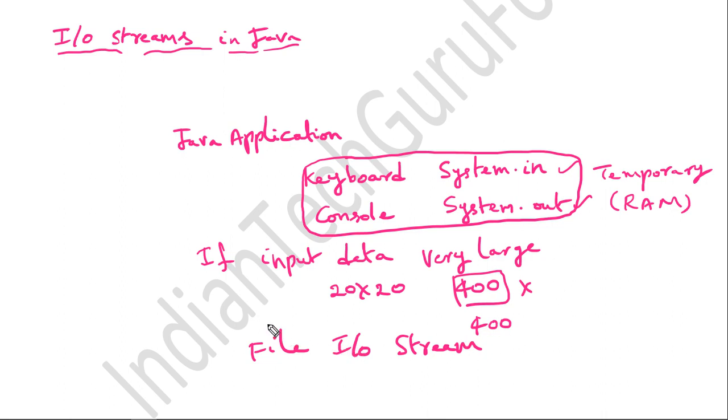Whereas the file IO stream represents reading as well as writing the data to the file or from the file. That is, we can read the data from a data file.